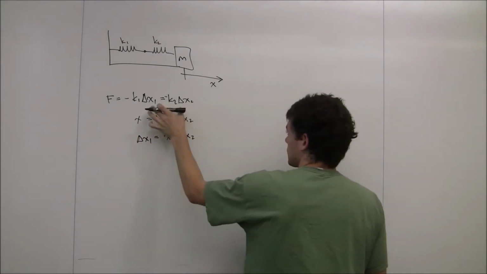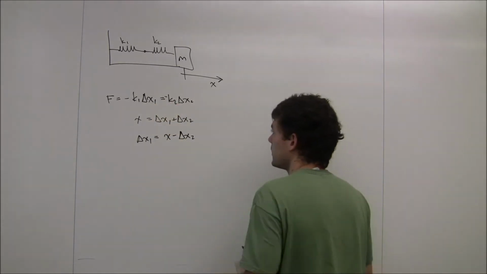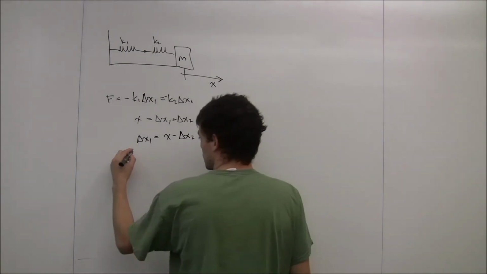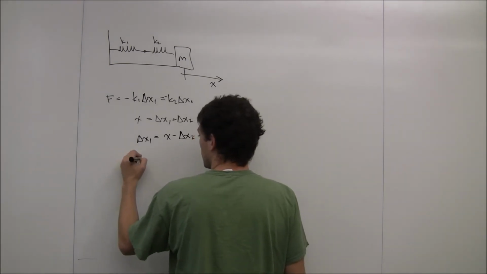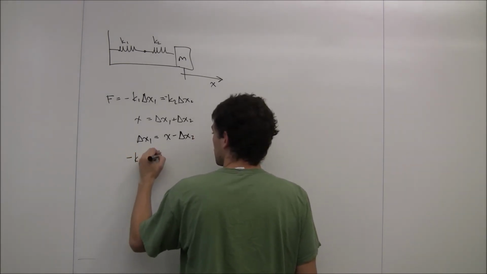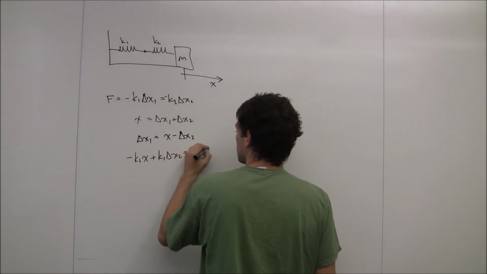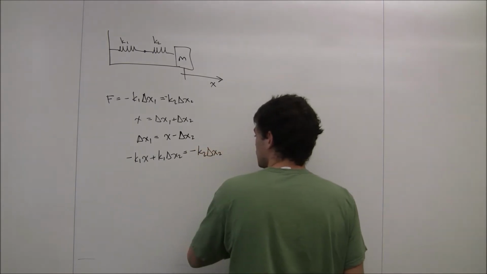And then we can plug this into this equality up here to figure out what exactly F is. So this tells us minus k1x plus k1 delta x2 is equal to minus k2 delta x2.